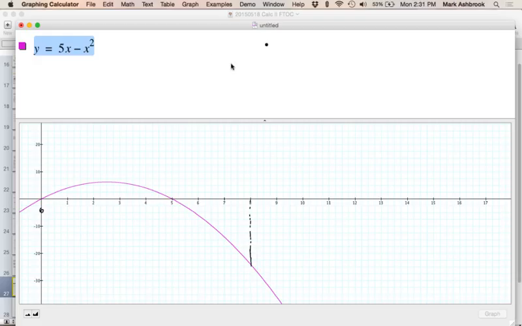So if we were to do the integral from 0 to 8 of 5x minus x squared, we want to go back to thinking about this as a rate of change and accumulation. So if this were our rate of change graph, and we did the integral from 0 to 8, what would that mean?